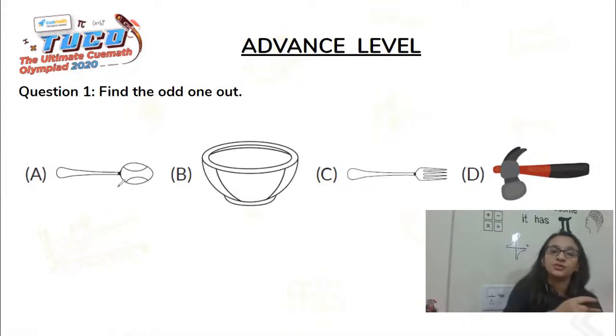That is something that you make use of while you're having your lunch, your dinner, your breakfast. Primarily, whenever you are eating, you make use of all of these. Whereas a hammer is something which a plumber might use, or which a carpenter might use, or you also may use it, but you would definitely not use it for eating purpose. It does not get into the picture of eating or lunch, breakfast, dinner, anywhere. Hammer doesn't come into the picture anywhere while you are eating. So the odd one out here is the hammer.